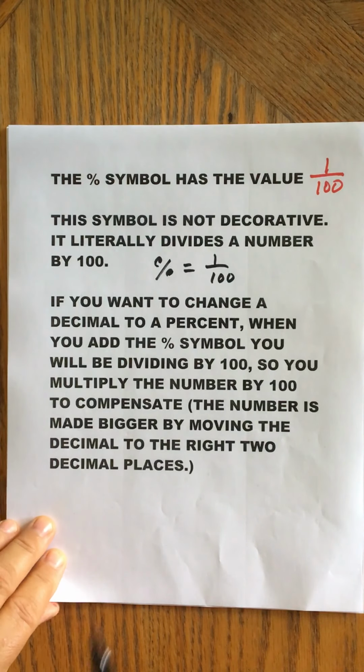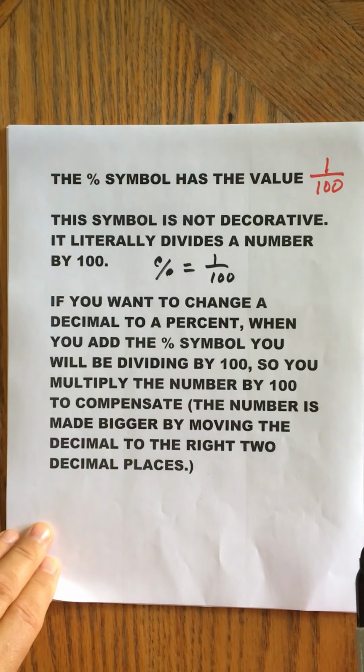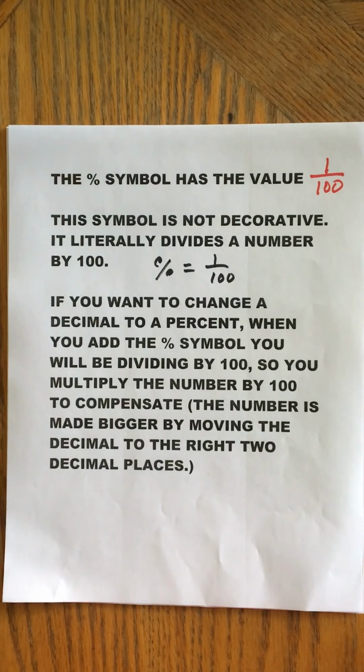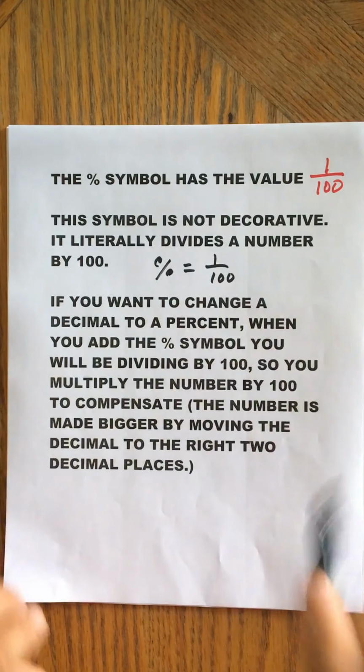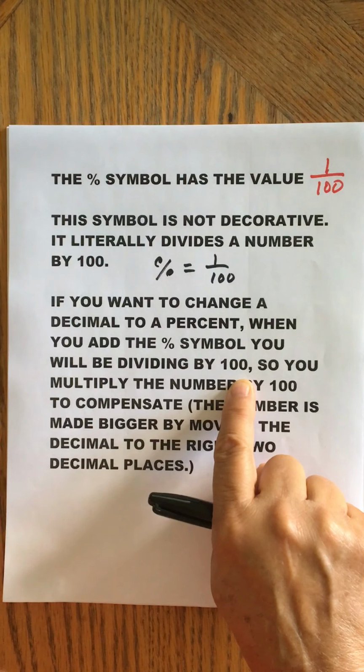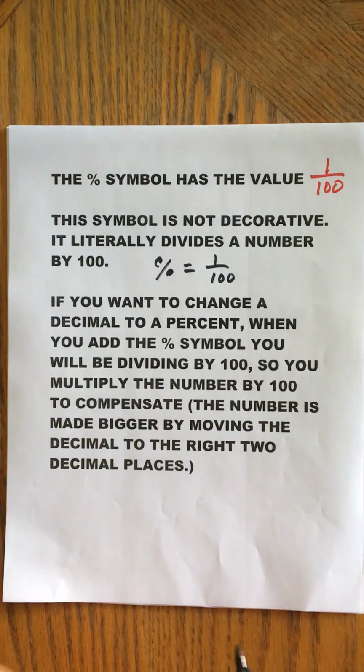If you want to change a decimal to a percent, because you're going to add a percent sign there, what's really happening is you're dividing by 100, which is the same thing as multiplying by 1 over 100. When you divide by a number, you make it smaller. So you just made it smaller by a factor of 100. Now you have to make it bigger by a factor of 100 also.